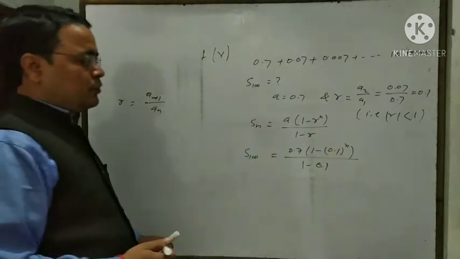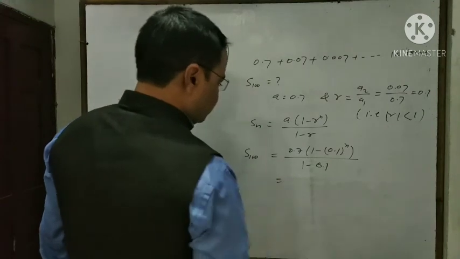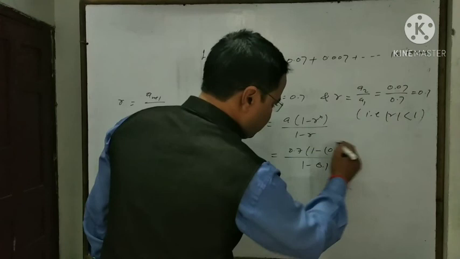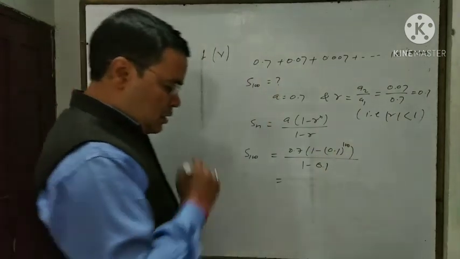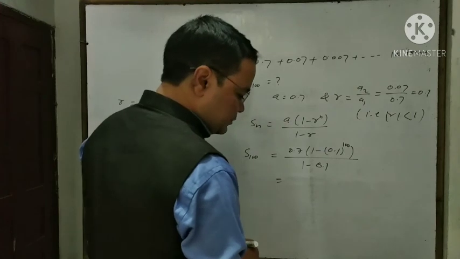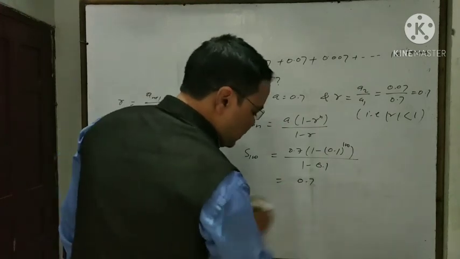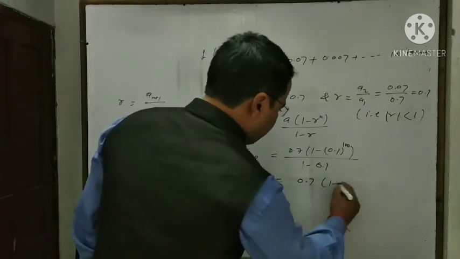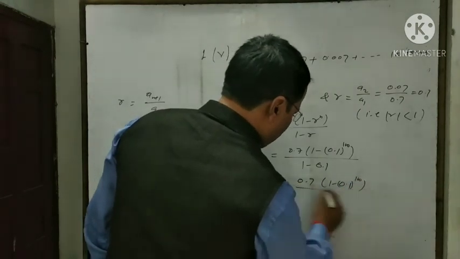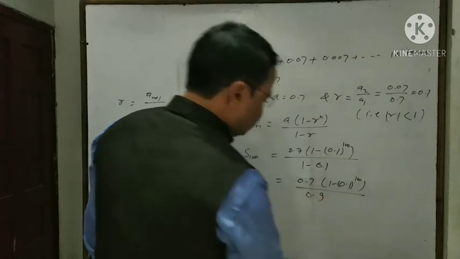Now its value of n will be 100. We write here 100. Then we can write 0.7 into 1 minus 0.1 raised to the power 100, whole upon 0.9.